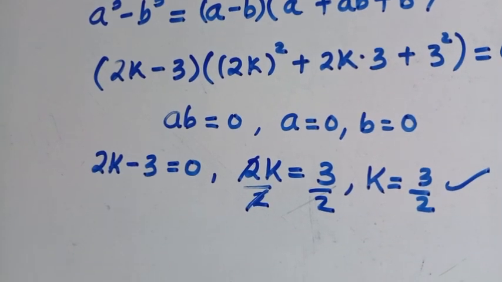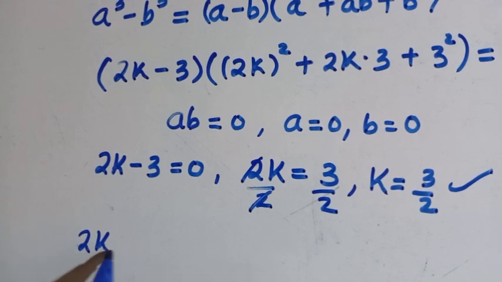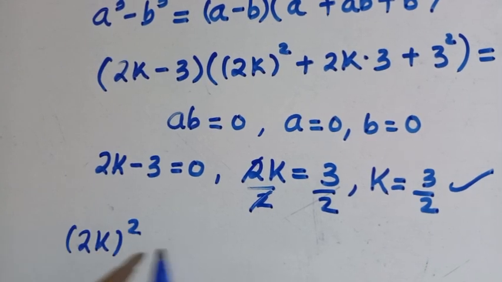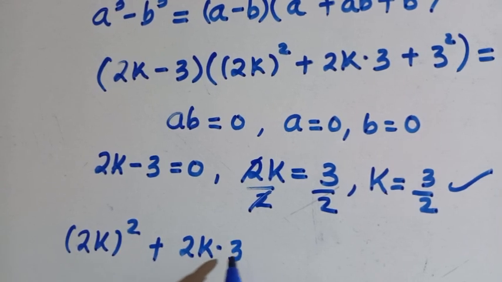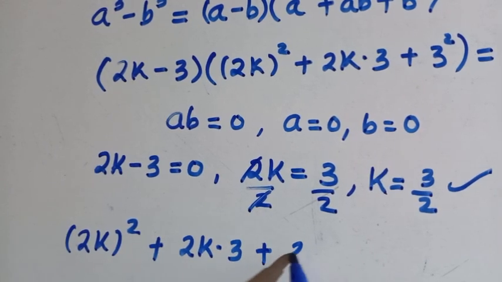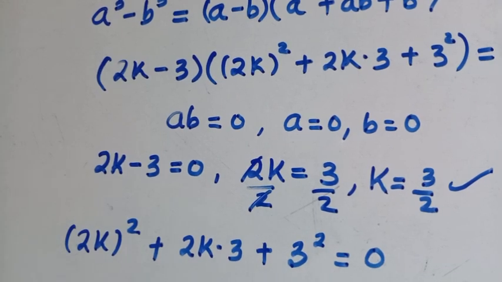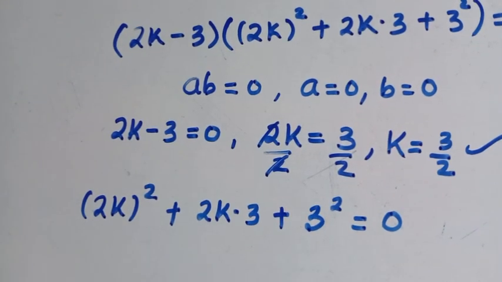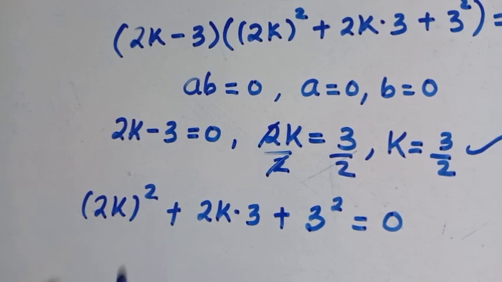And also, when we recall the other part, which is (2k) squared plus 2k multiplied by 3 plus 3 squared equals 0, we realize that we are going to let 2 raised to power 2 and k raised to power 2.